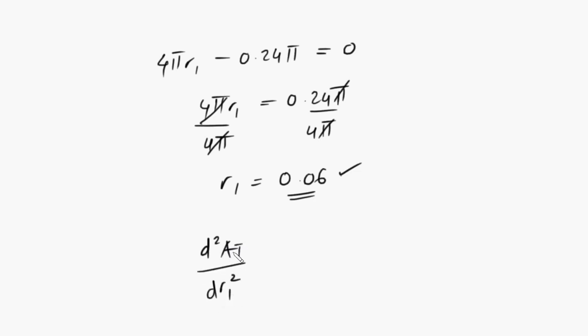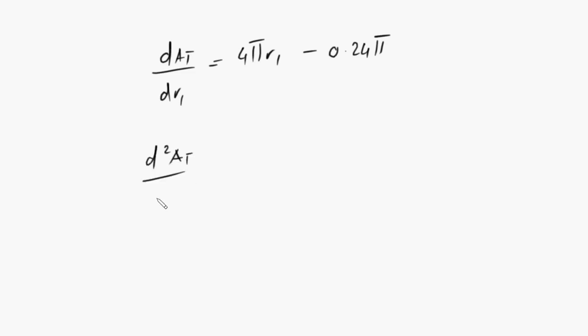Remember that dA/dr1 was equal to 4 pi r1 minus 0.24 pi. If I derive this for the second time, it means I just differentiate this derivative with respect to r1.